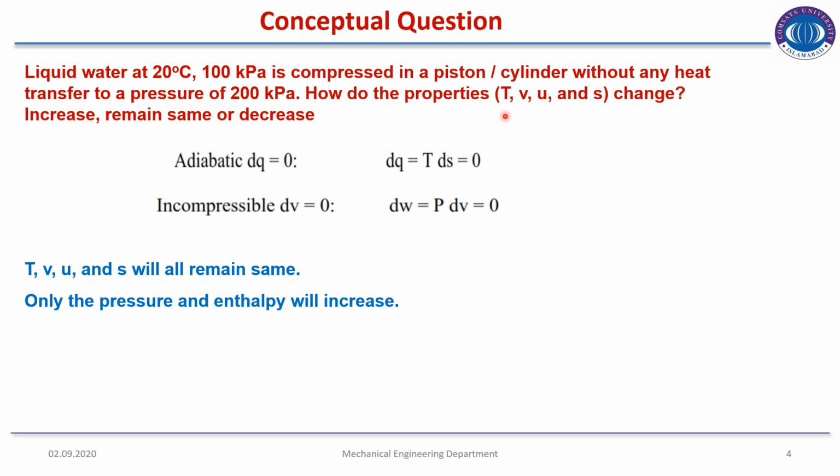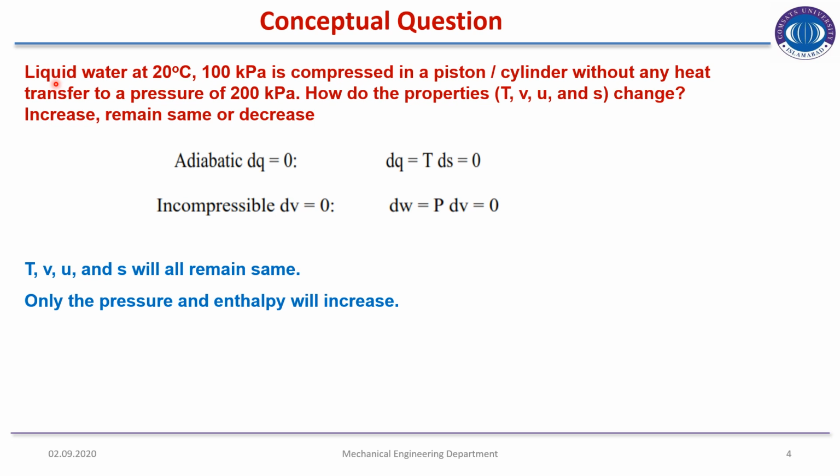So as there is no heat transfer between system and surrounding, therefore this is an adiabatic system, and dq is equal to T ds is equal to 0, and incompressible because water is an incompressible fluid, therefore dv is equal to 0, and dw, so change of work is pdv, that is also equal to 0.